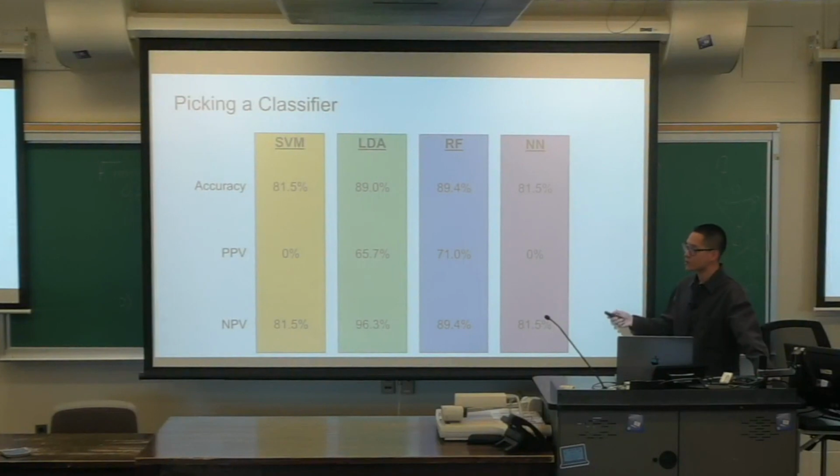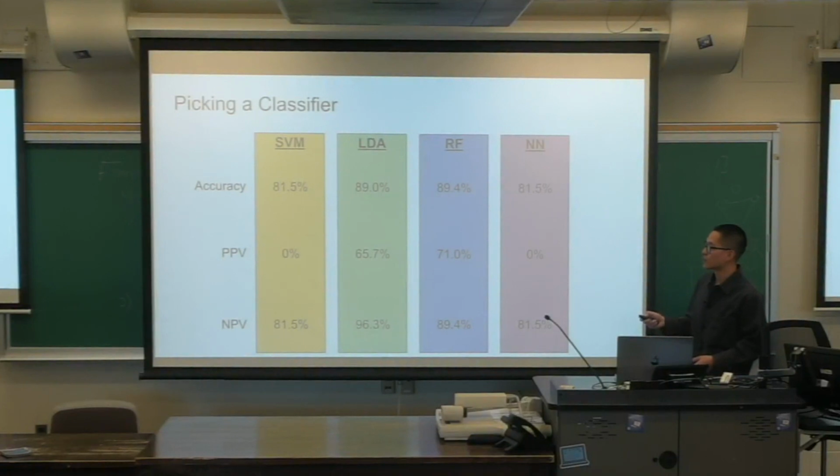Of course, before we make the call, we have to evaluate the performance. How well do these algorithms work on our data set? We do a quick pilot test on the offline data set we collected, and this is the results.